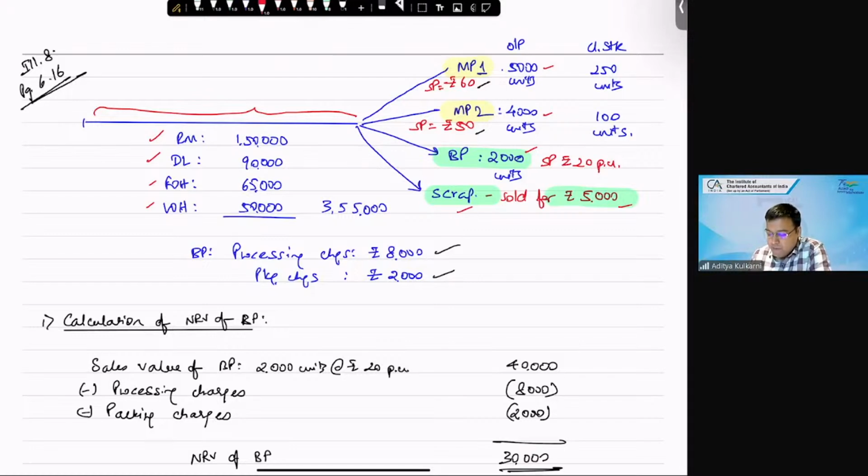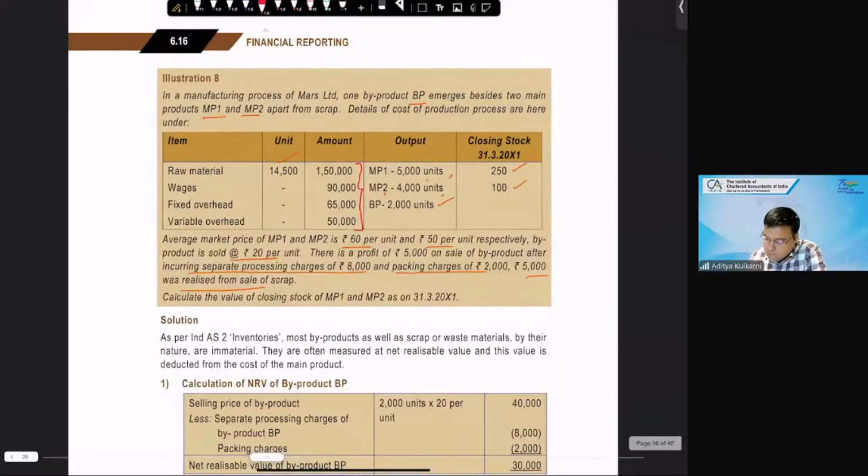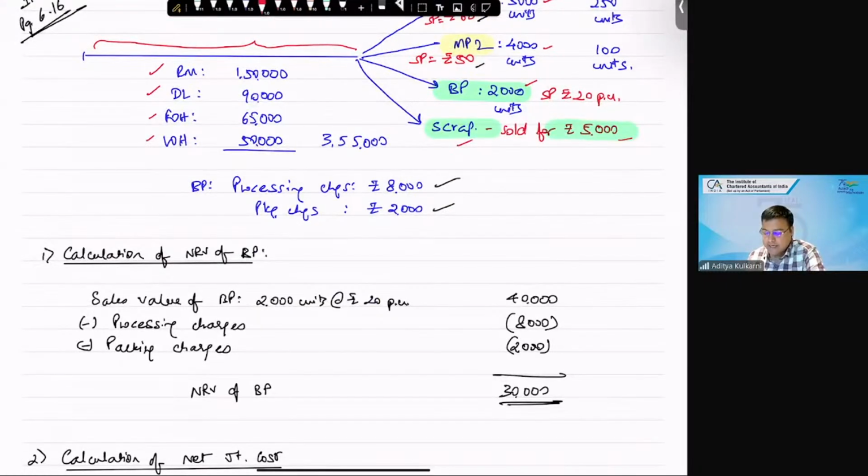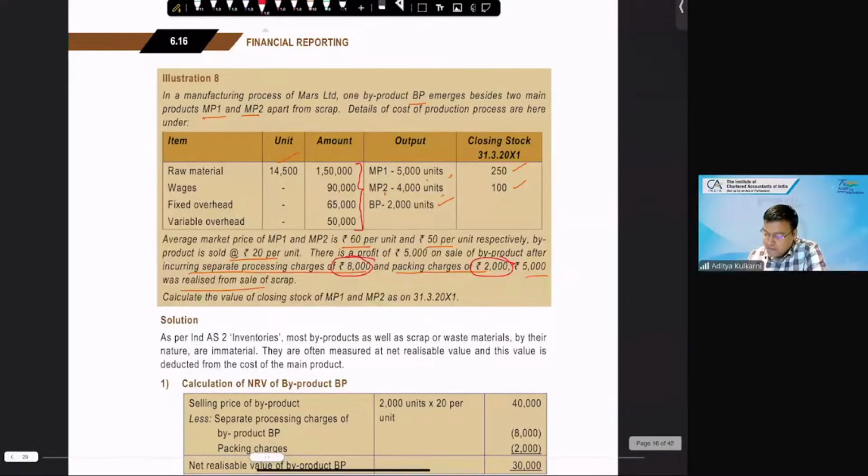Okay. Byproduct, I am incurring 2 specific costs. Incurring separate processing charges of 8,000, packing charges of 2,000. Tell me one thing. Have they told anything about byproduct?